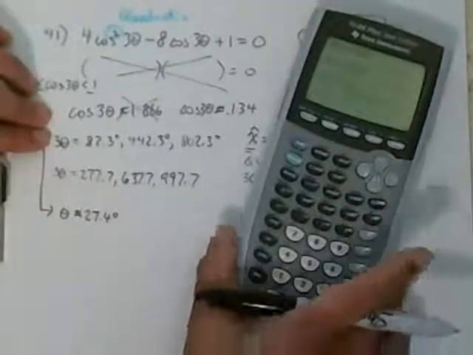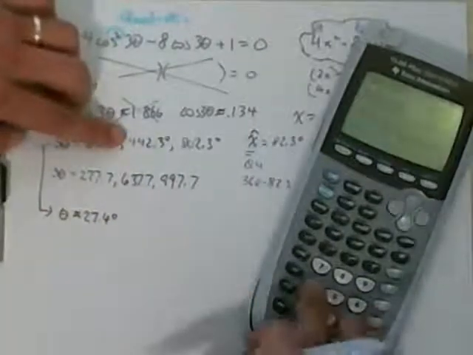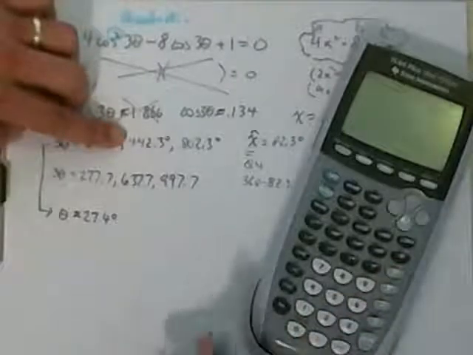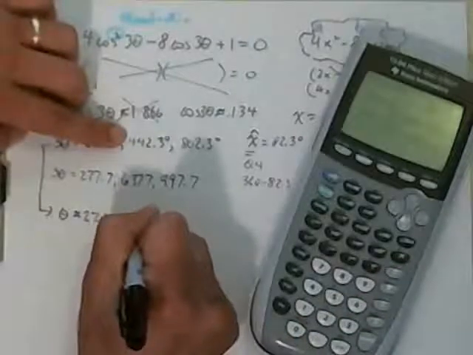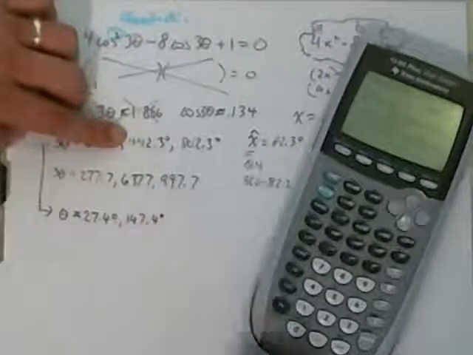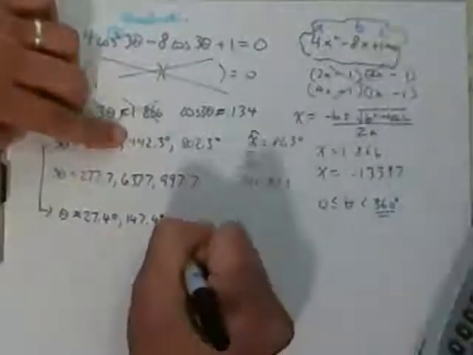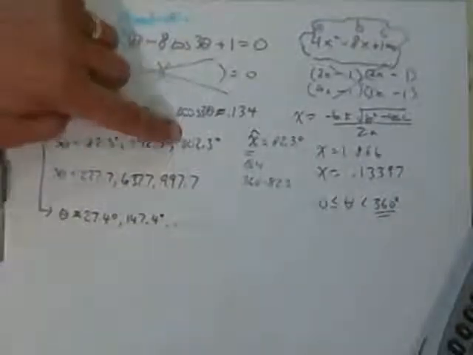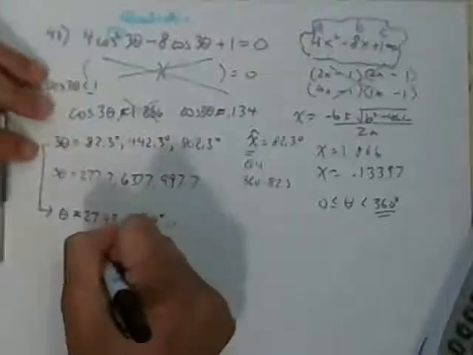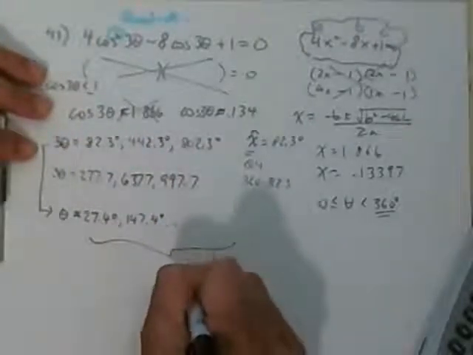The second one, 442.3 divided by 3, comes out to be 147.3 degrees, and so on. So you divide each of these by 3, and you're going to have a total of 6 solutions.